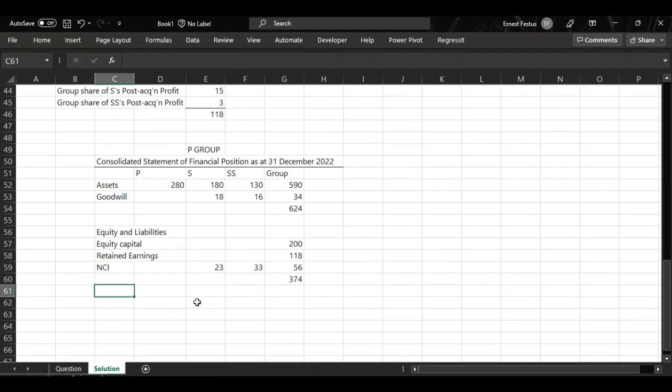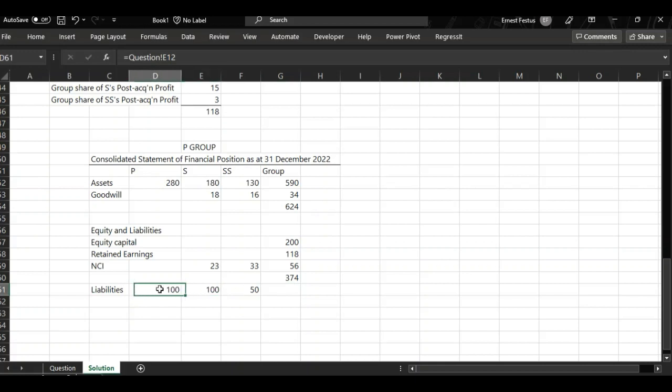So we have our liabilities. Alright, so we have 100 this, so I'll do alt equals to sum them, and then I can find the sum of those two.